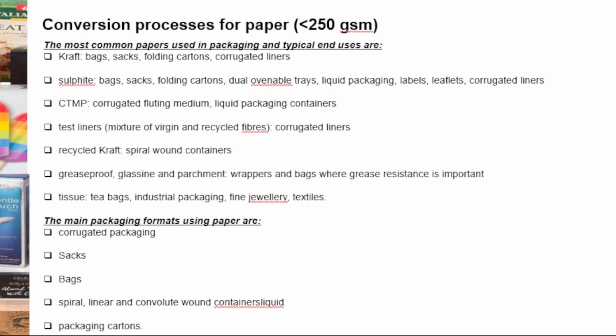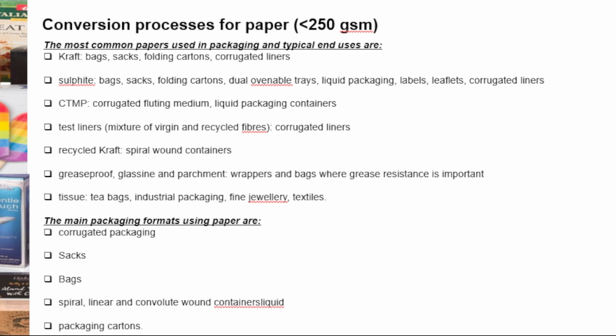The conversion process for paper less than 250 GSM. The most common papers used in packaging and typically end uses are: kraft, bags, sacks, folding cartons, corrugated liners; sulfite, bags, sacks, folding cartons, dual ovenable trays, liquid packaging, labels, leaflets, corrugated liners; CTMP, corrugated fluting medium, liquid packaging containers; test liners, mix of virgin and recycled fibers, corrugated liners; recycled kraft, spiral wound containers; greaseproof, glassine and parchment wrappers and bags, where grease resistance is important; tissue, tea bags, industrial packaging, fine jewelry, textile.